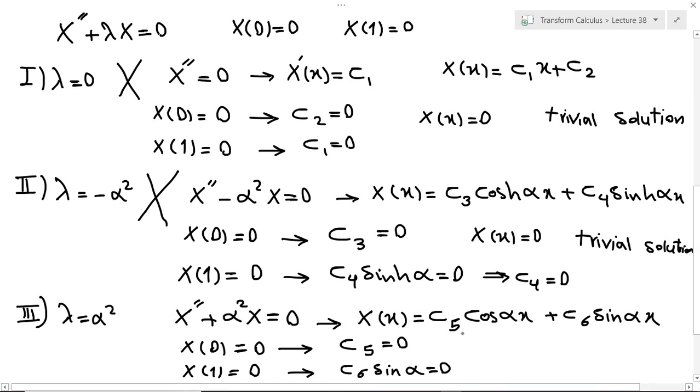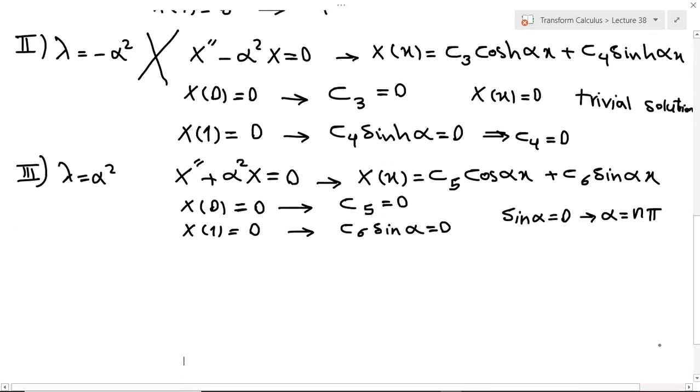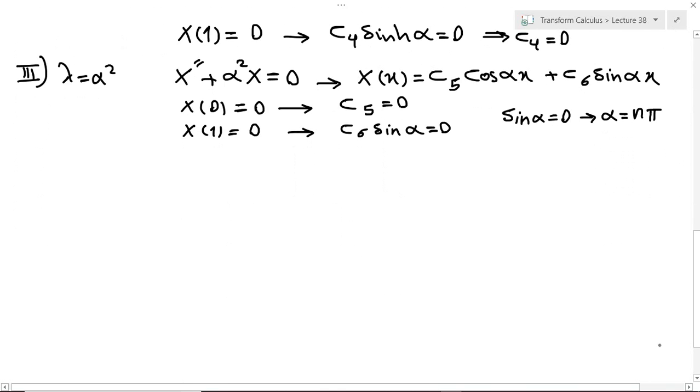As a result, we assume that sine alpha is equal to 0. So alpha should be equal to n times pi. So we ended up with this solution.